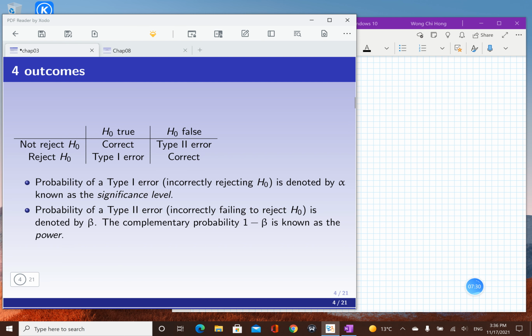You can imagine if p actually is 0.9, and you obtain like 12 heads from 20 throws, you wouldn't say that this is fair.